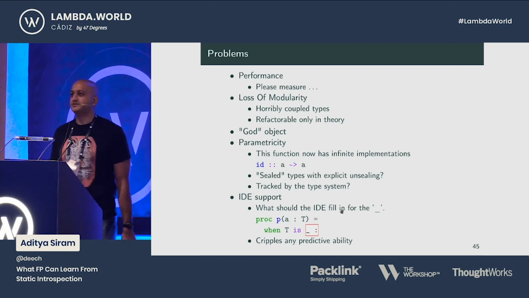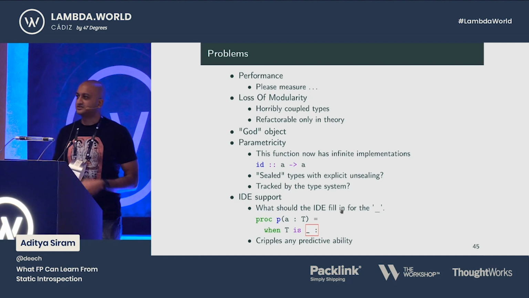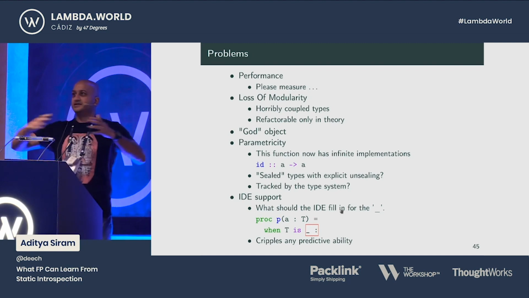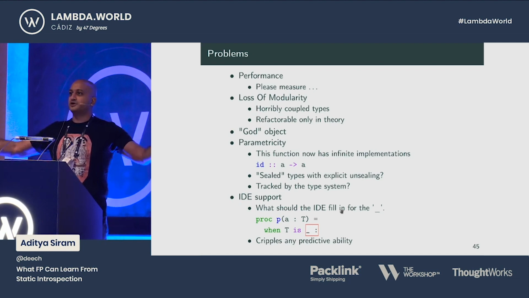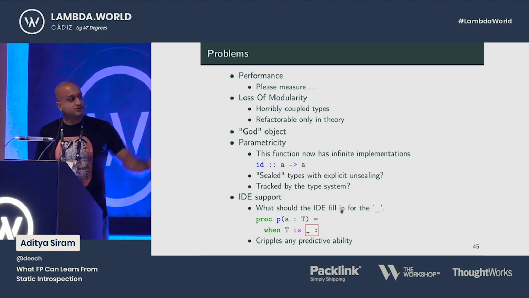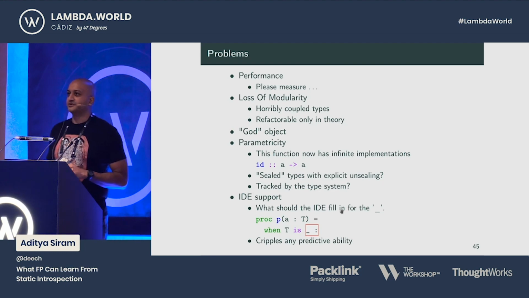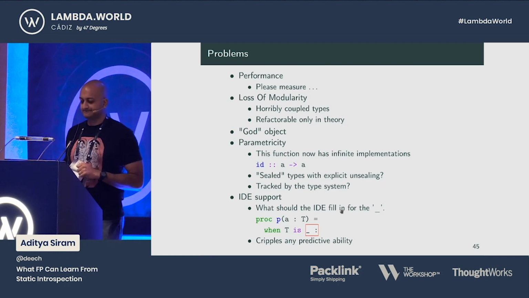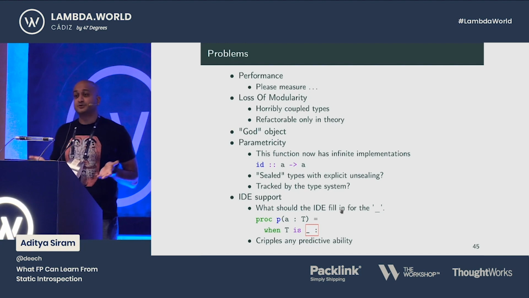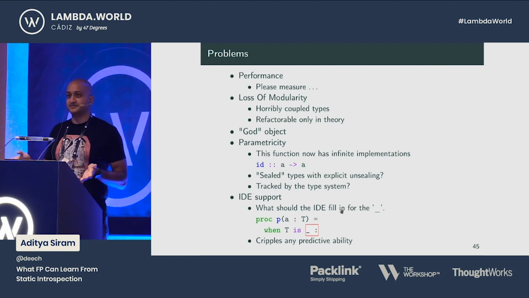It can't possibly know what to fill in there. All it can do is give you every type that it has in scope, which could be an entire project that includes all of your dependencies. There's no way it can possibly know what to put in there for you. It cannot predict what to do. So this completely cripples any predictive ability that an IDE might have, if you go crazy with it.